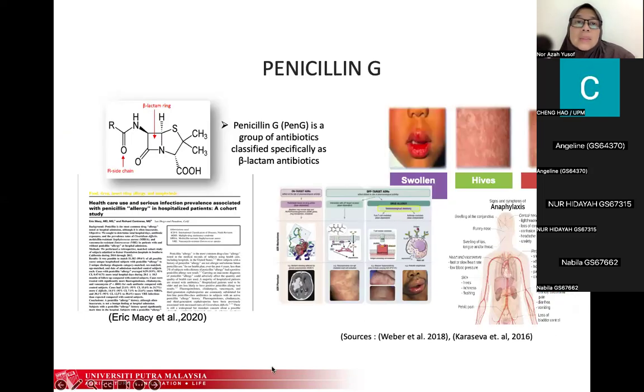So let's look at why it is important to detect any cross contamination, because in pharmaceutical company, the production of non-penicillin drugs and penicillin drugs has to be properly separated.